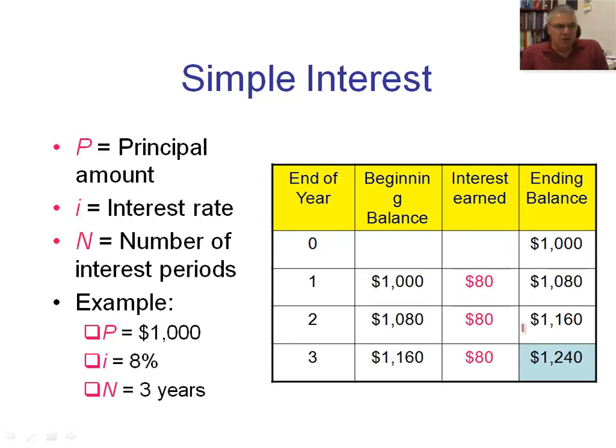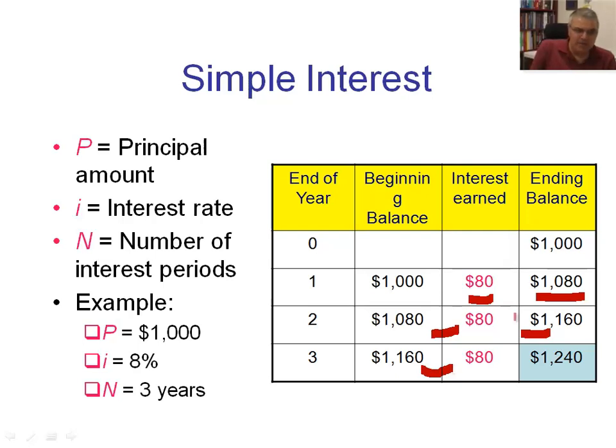So year one, the beginning balance is $1,000, and assuming 8%, $80 would be the interest. So at the end of that year, it will be $1,080. To this $1,080, another $80 would be calculated as interest earned, and that would be $1,160 left at the end of year two.